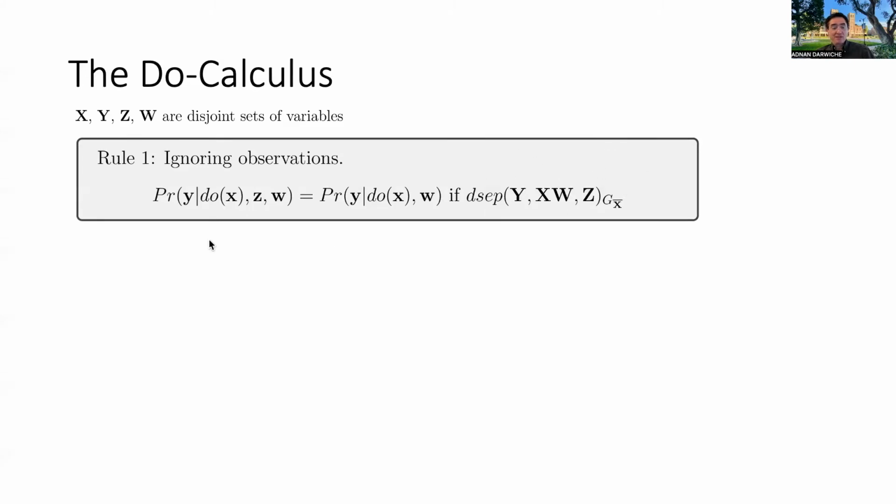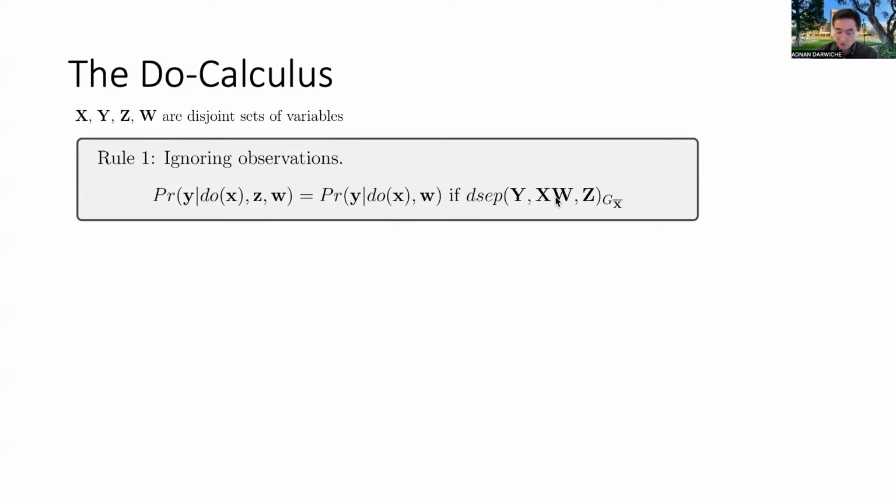Ignore the case for now. Let's look at what happened here. I'm looking at y given do x, z, and w. And look what happened. I dropped z. I said, you can take this and replace it with this. Drop z, if the following happens. Now, what is this? You know this, d-separation. If y and z are d-separated by x, w.